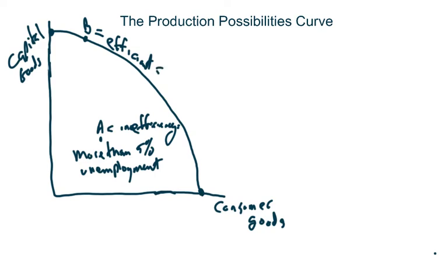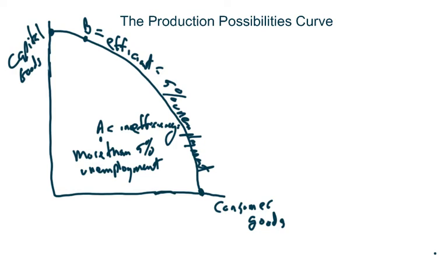And we also have to remember that efficiency in macro means we have 5% unemployment. That is our natural rate of unemployment. That is what we want to have at all times. So as long as the point is anywhere on the curve, we're being efficient. It's just we're producing one thing more than the other. That's the only thing that means.